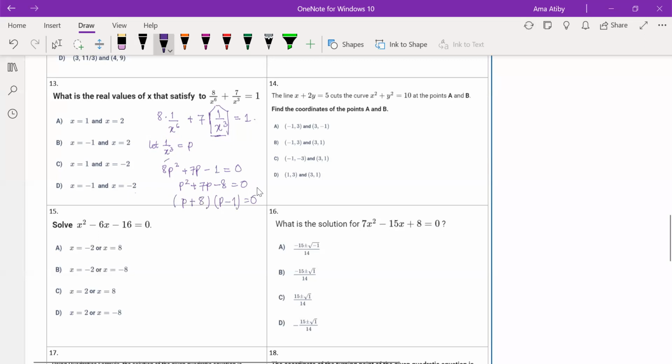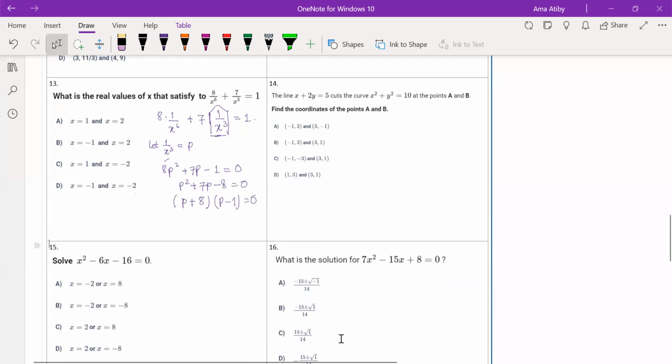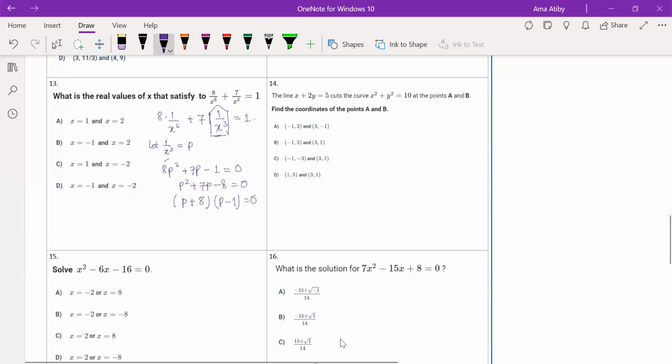Let me make more space for this one. Right, so after you get this, you get p equals negative 8 and p equals 1.